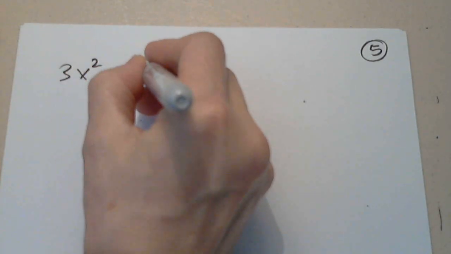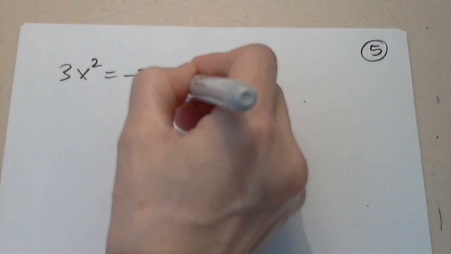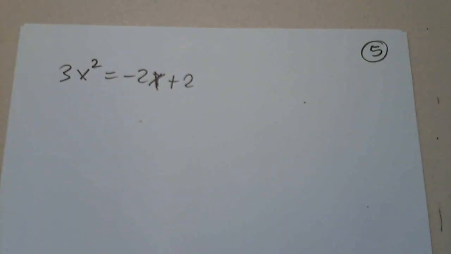Solve the equation using the quadratic formula. Can we do that one? Yes, of course. I'm going to use x. So 3x squared equals negative 2x plus 2. Good.